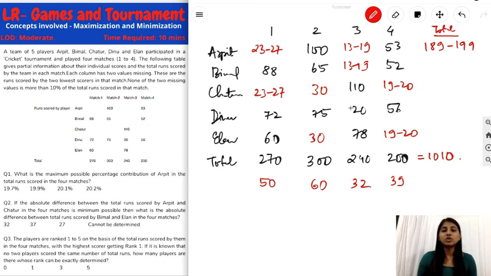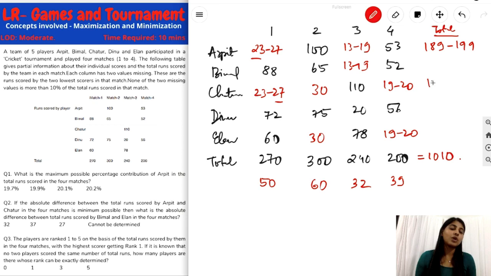Okay, for Chatur also we'll do the same. Take 23, 27. You also have to consider that when Arpit has 23, Chatur will have what? 27, no? Chatur will have 27. So you have to keep that in mind. Okay, and then calculate. So 110 plus 30 is 140. Yeah, 140 plus 20, 160, 170, 180, 187.